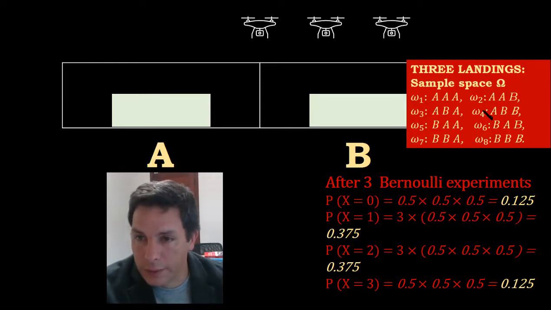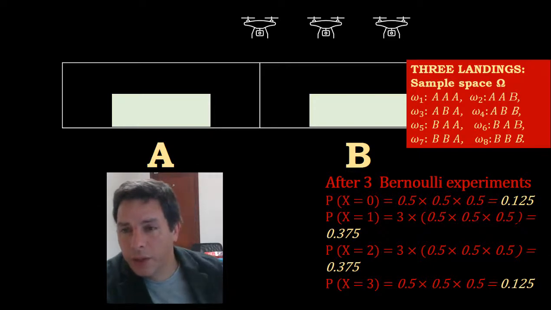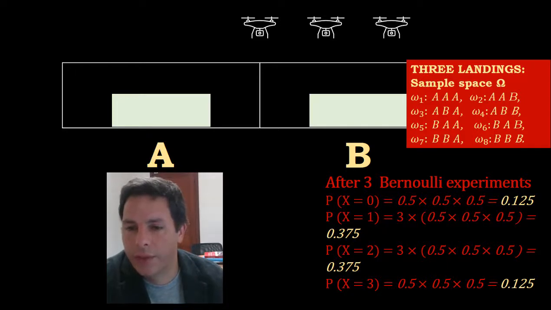Omega 4 has only 1 A, omega 6 has only 1 A, and omega 7 has only 1 A. So 3 possibilities. Now, it's very easy because the probability of landing in A and the probability of landing in B are the same. It's always 0.5. So we've got, as before, 0.5 times 0.5 times 0.5. But because this occurs in 3 outcomes, we multiply that by 3. And that gives us 0.375.